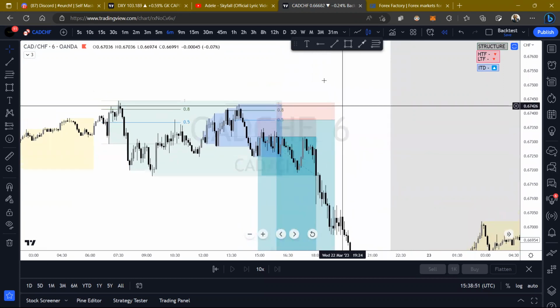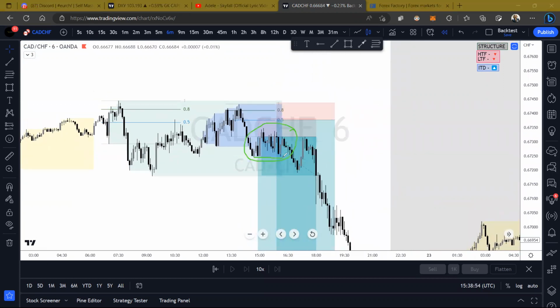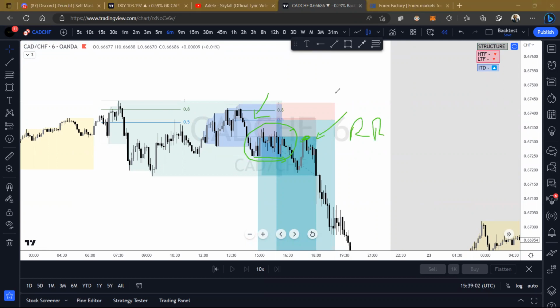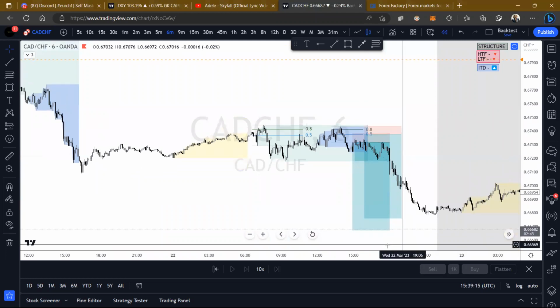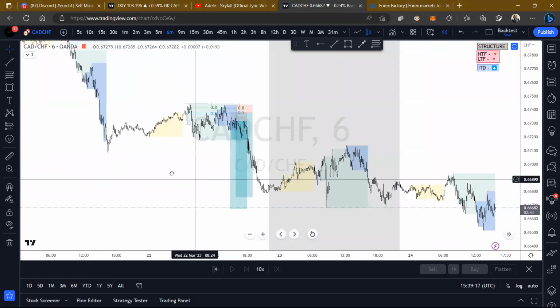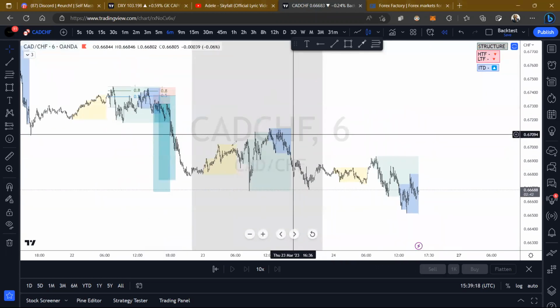Some people would have tried to look for this as a redistribution, but for me, if I'm not in from this, I'm not going to try to reduce to get into this, because I would need my reduced risk to throw something in here. We could easily take this and then come up higher. So that was that. That seemed to be the only entry I saw on CADCHF, because we did have this one which was fairly cleaner.